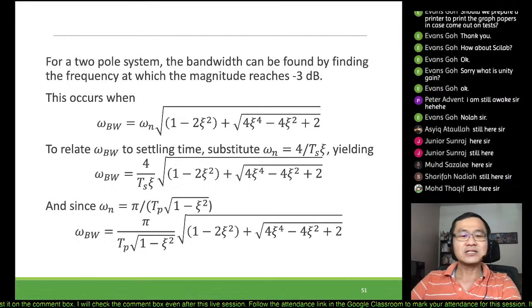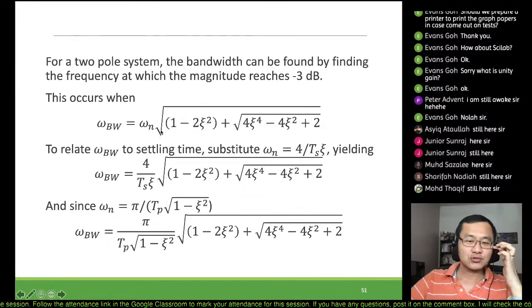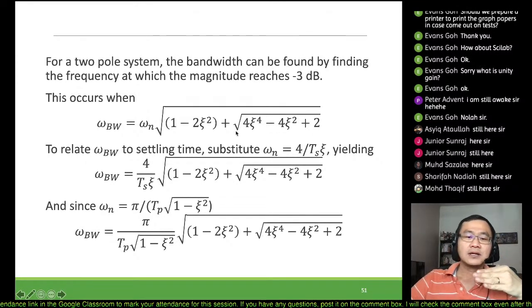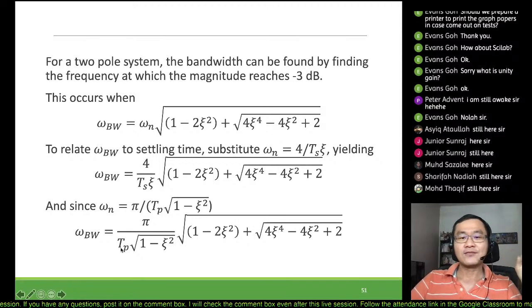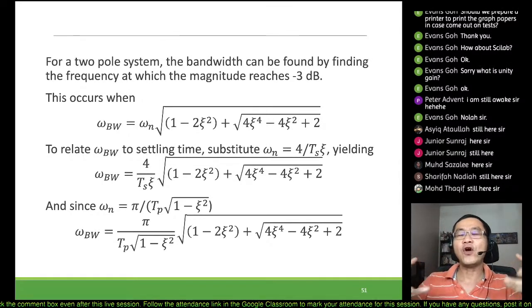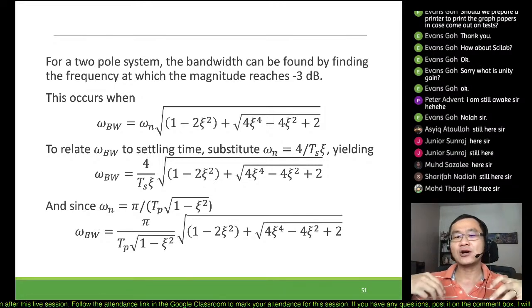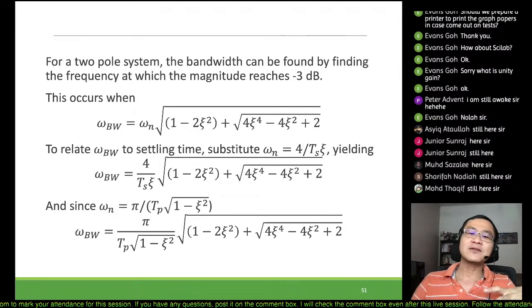This is where the equations come in, where you have the bandwidth frequency, which is related to the damping ratio, settling time, and peak time. So when you do an experiment to form this frequency analysis or Bode plot, it will be very useful, because you can directly integrate it from your experiment.